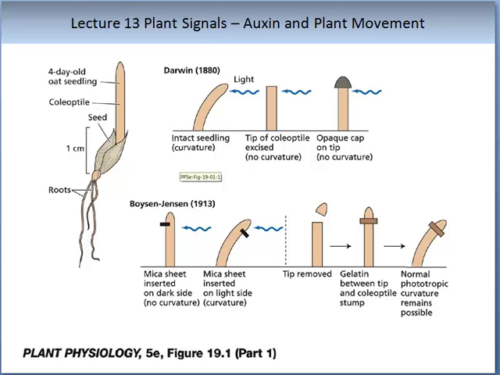The tip of the coleoptile perceived the light, for if it was covered with foil, the coleoptile would not bend. Therefore, it was concluded from this research that some signal is produced in the tip, travels to the elongation zone, causing the shaded side to grow faster than the illuminated side. This observation was published in 1881 in The Power of Movement in Plants.